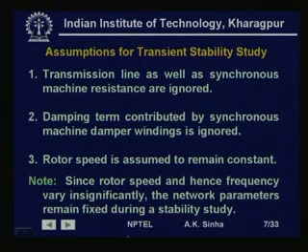Since the speed is remaining constant, f is constant, so the parameters will also remain constant. If we assumed the variation in speed, then these parameters would also vary, though the variation because of the speed change is negligible. So, we say that the network parameters remain fixed during the stability study.